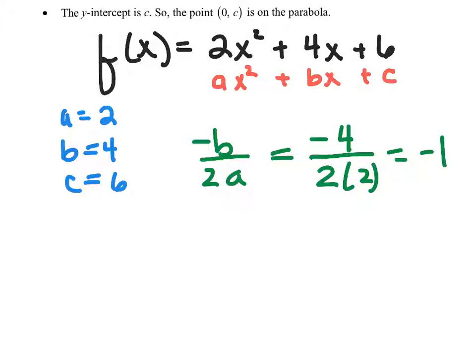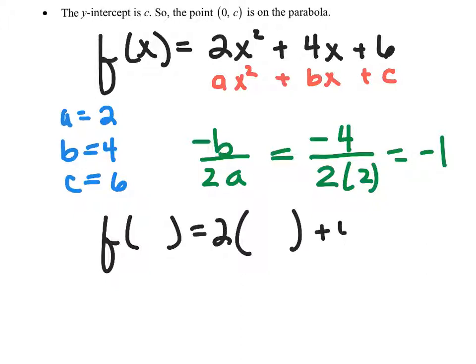So now that we have negative 1, we're going to substitute it into our equation for our x value, and that way we can calculate our y. So we're going to put negative 1 in here and just do the math. So negative 1 squared is positive 1 times 2 is just 2.